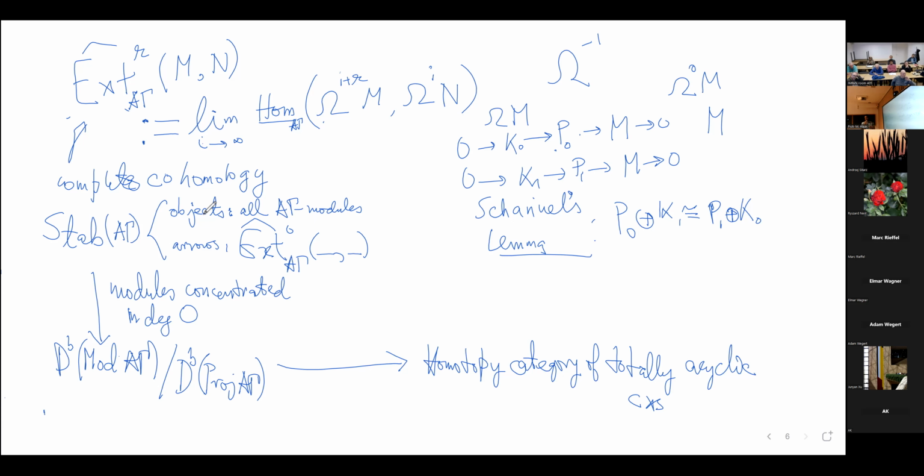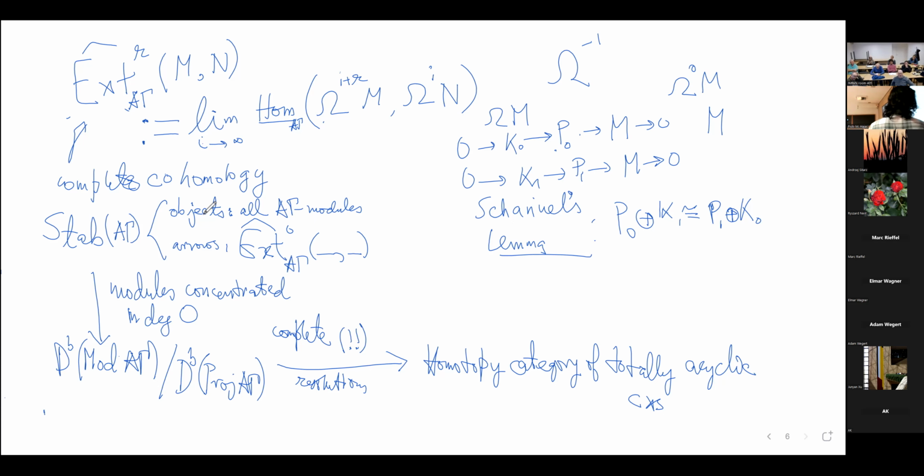You can do that for a single module, you can do it also for bounded complexes. And this is the part that uses the assumption that taking complete resolutions of every module is possible. I take complete resolutions and I come down to the homotopy category of totally acyclic complexes.